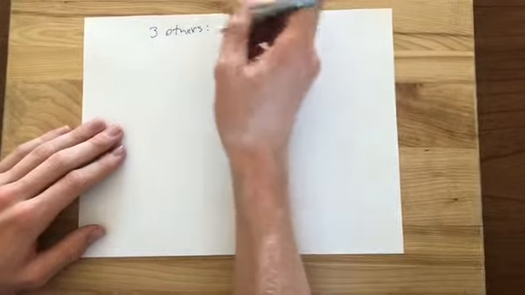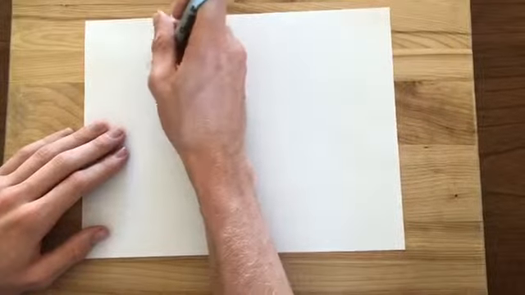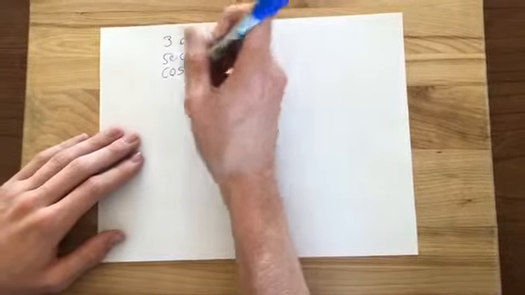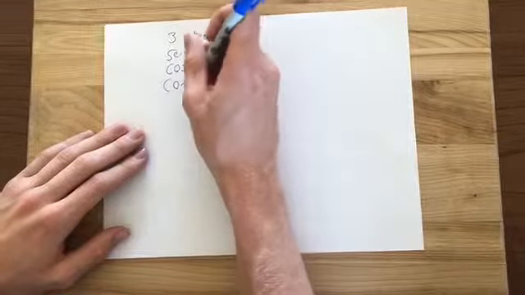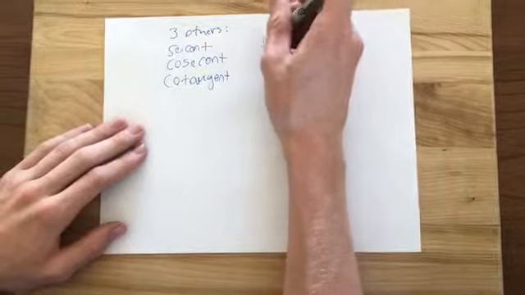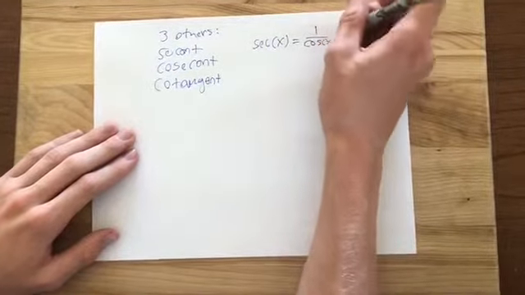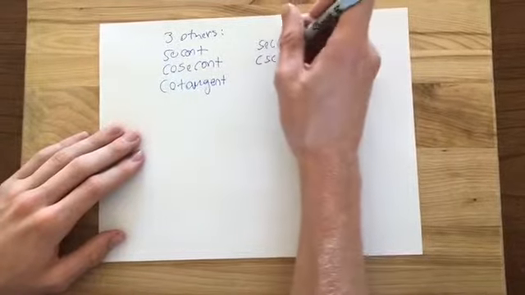There are three other trig functions that you should know, and those are secant, cosecant, and cotangent. These are really just the reciprocals of our basic trig functions that we already know.